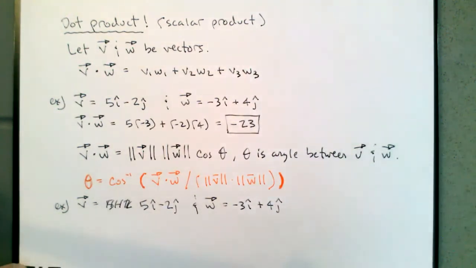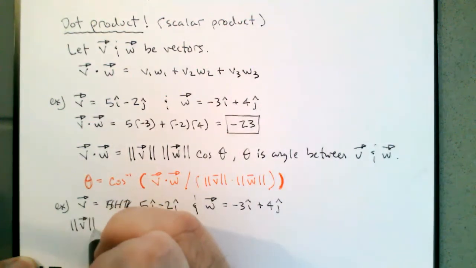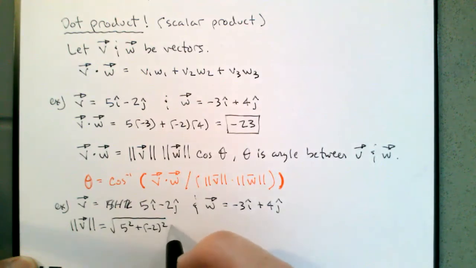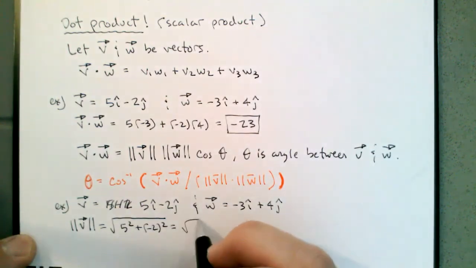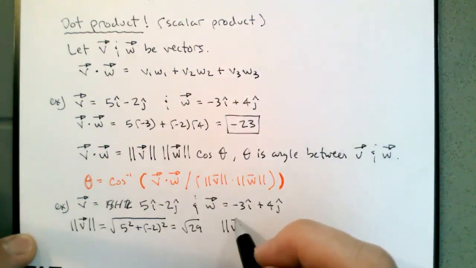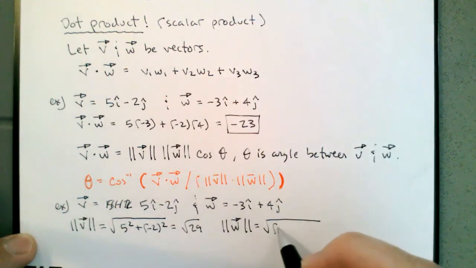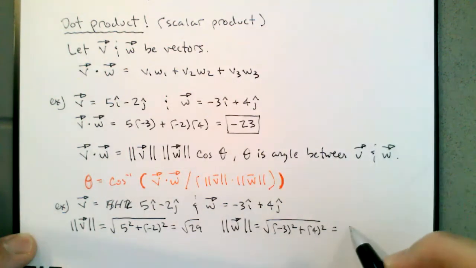we can calculate the magnitude of v, and that'll be the square root of 5 squared plus negative 2 squared. So square root of 29. And we can calculate the magnitude of w, which will be the square root of negative 3 squared plus 4 squared, and so that'll be 5.